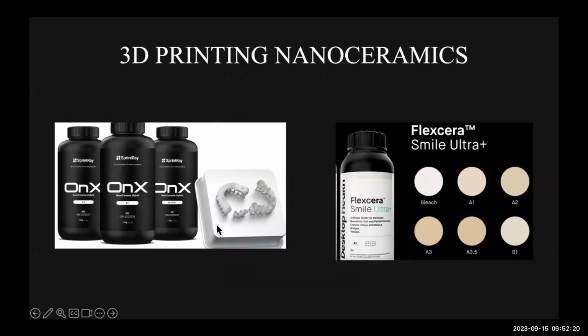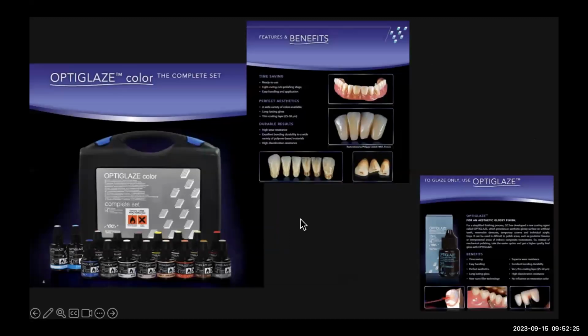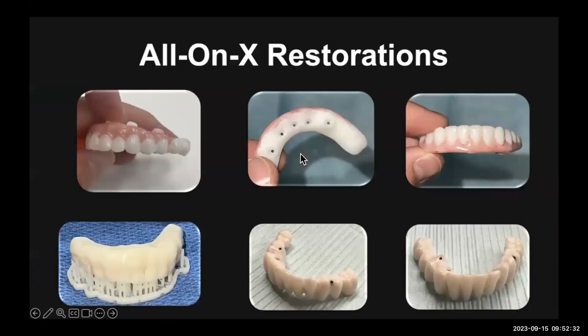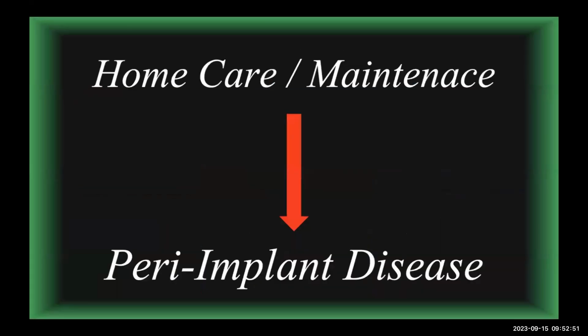So you have to be very careful. So when you're using these 3D printable prostheses, what you must do is use the glaze. You should glaze it so that it doesn't have the porosity. So make sure that you glaze it. If you have to alter it, then you send it back and have it glazed again, because the highly polished, highly glazed material is not going to allow that biofilm formation to occur.